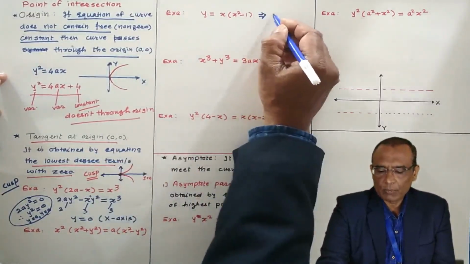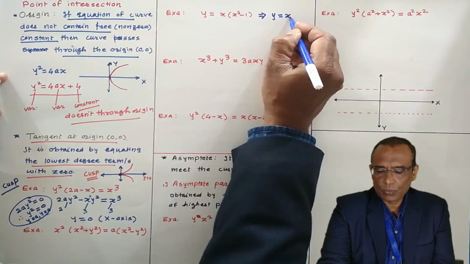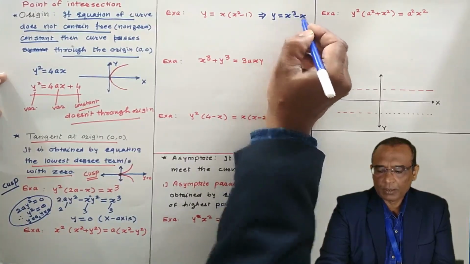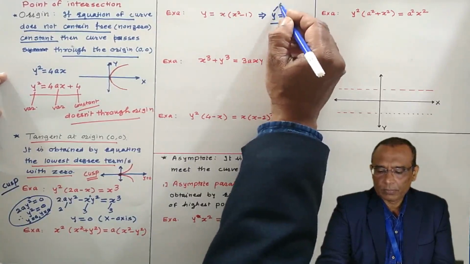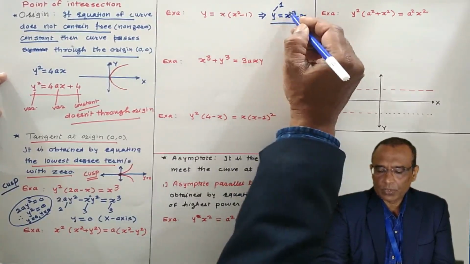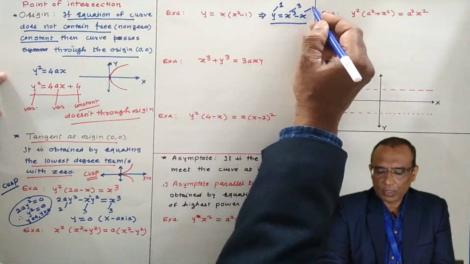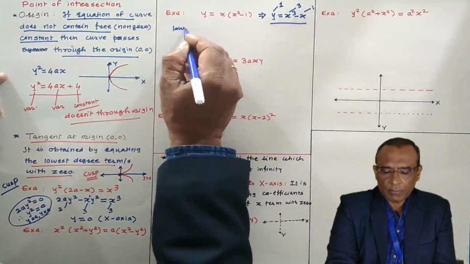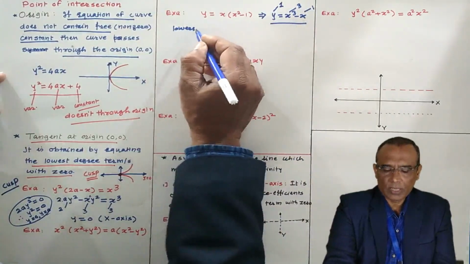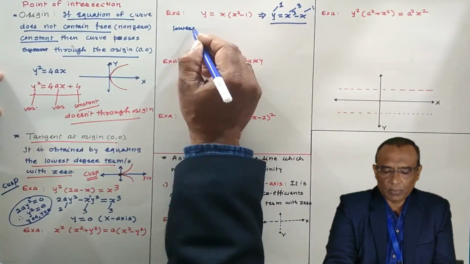Now, the next problem: we are going to find the tangent at origin by equating the lowest degree term to 0. I am going to simplify it: x cube minus x. Degree of this term is 1, degree of this term is 3, degree of this term is 1 again. There may be more than one lowest degree term.